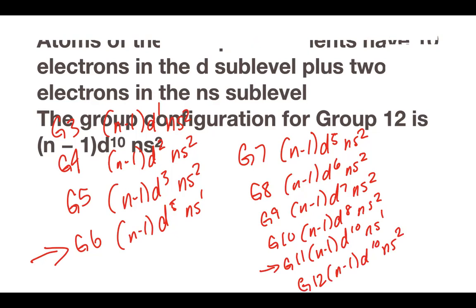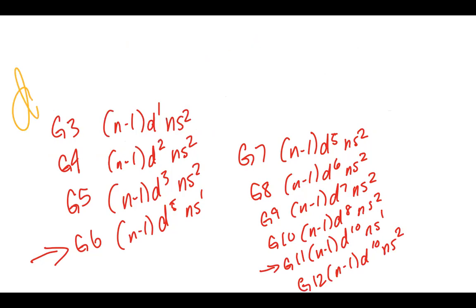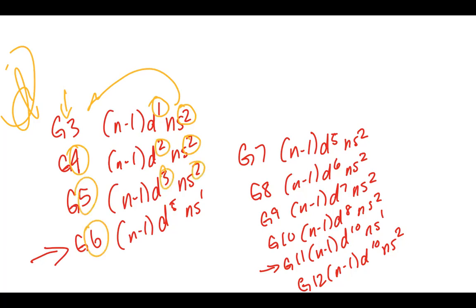One thing you can figure out for the d block: for group 3, if I add the total number of electrons from d and s, I get the group number. Same thing for group 4, d2 s2, 4. Group 5, d3 s2, 5. Group 6, d5 s1, 6. See a pattern? 7, 7, 8, 8, 9, 9.